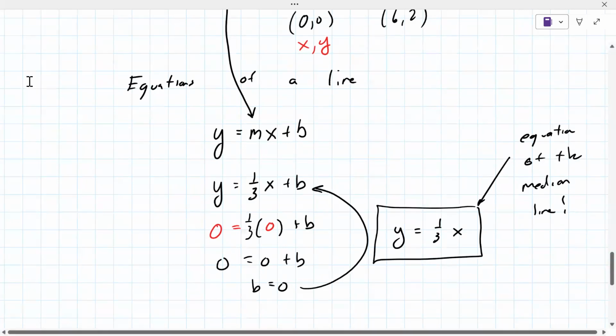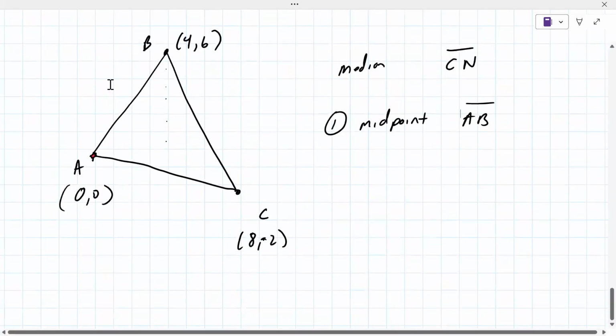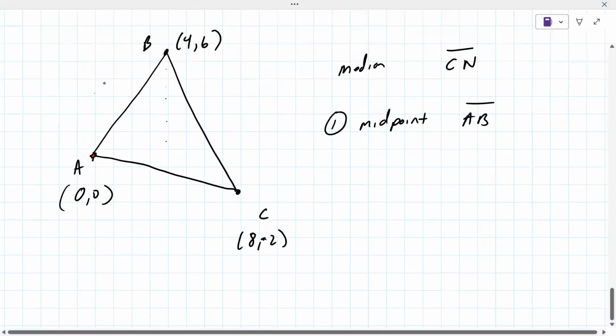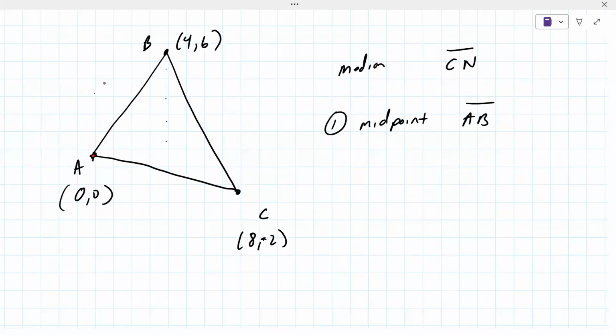Okay, so give me the midpoint between A and B, please. 2, 3.